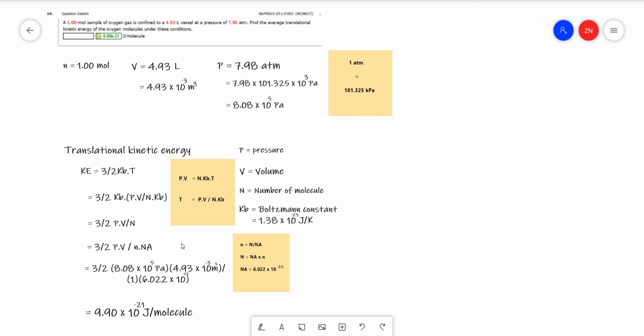The question also does not give us the number of molecules, rather it gives us the number of mole. The formula for number of mole is number of molecule divided by Avogadro's constant. After rearranging it, as we do in the ideal gas equation, we will get number of molecule is equal to Avogadro's constant times number of mole.